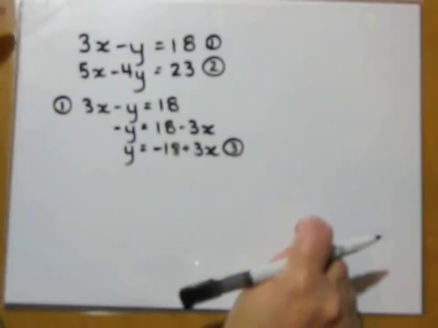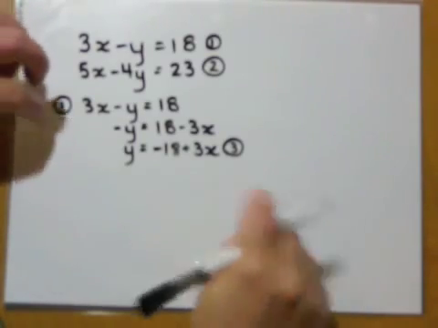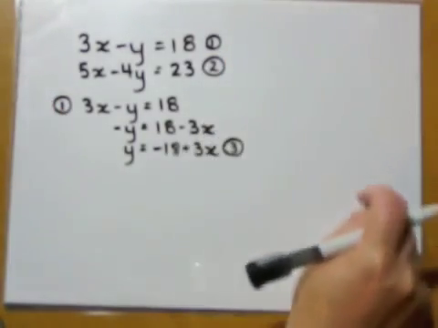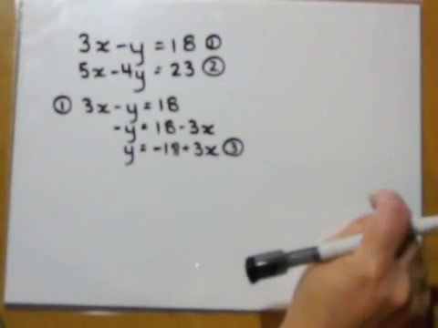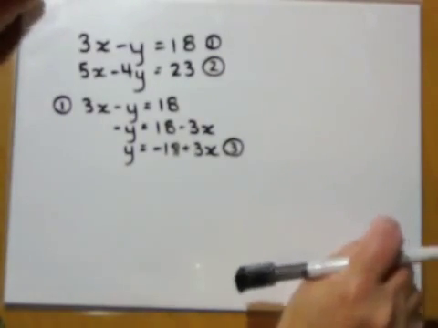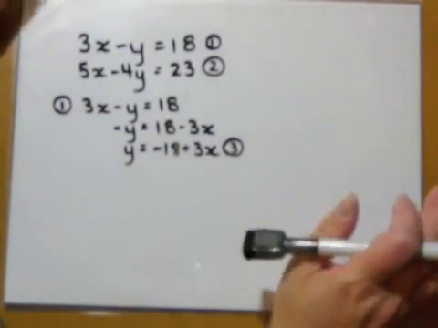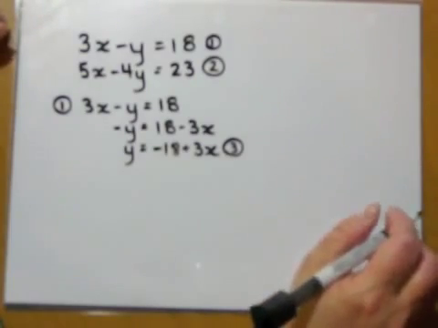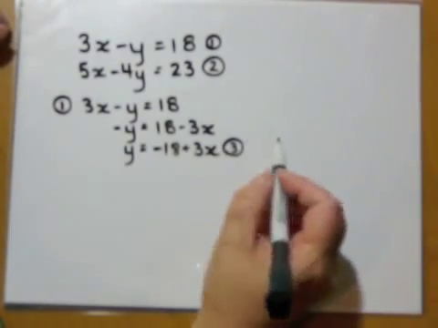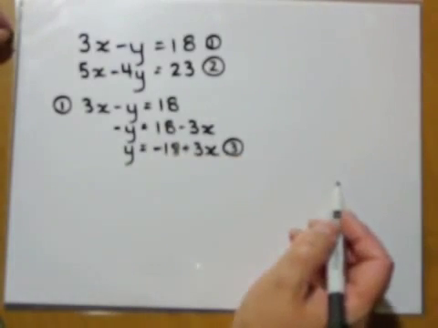So I used number 1, so I'm going to sub equation 3 back into equation number 2. Now if I make a mistake and I sub this equation 3 back into equation 1, which is where it came from in the first place, everything's going to cancel out. So we have to be careful that we put it back into the equation that we did not use to rearrange in the first place.